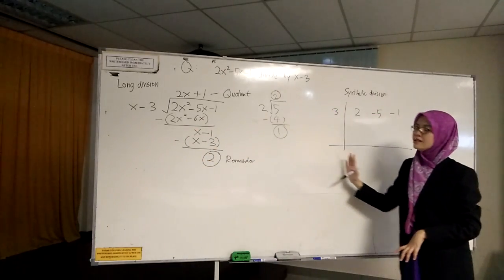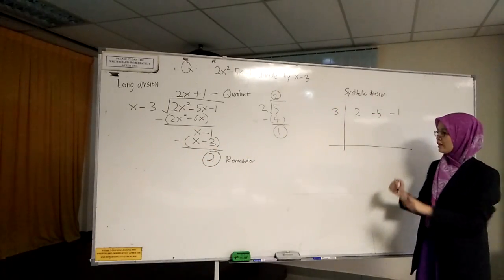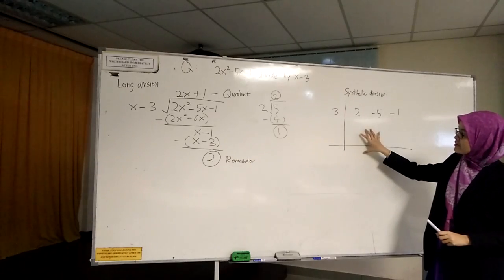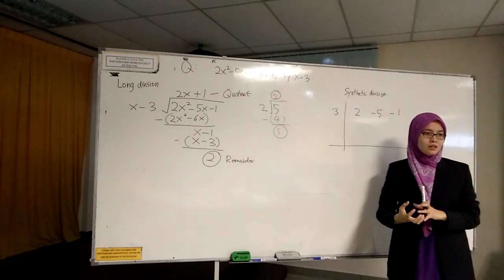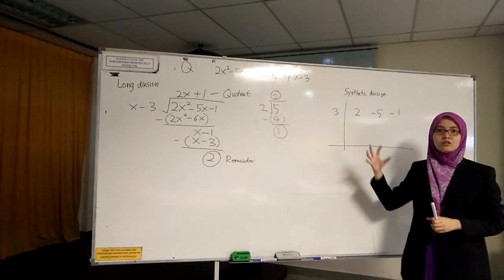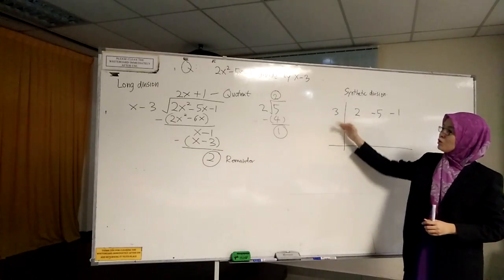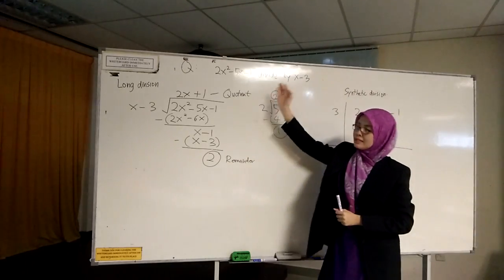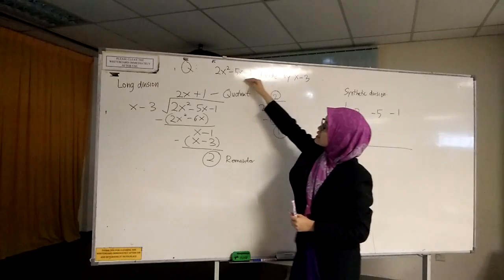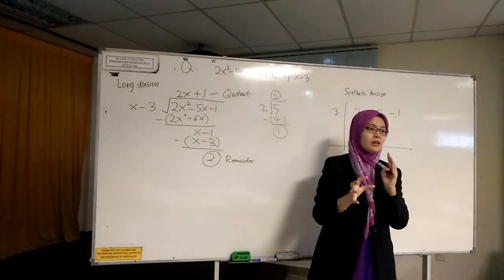Now we go to the synthetic division. Okay, synthetic division, the operation is different, but you need to remember how we solve the synthetic division. Okay, first kali you see the polynomial, the same thing. We need to know whether ada tak yang missing.